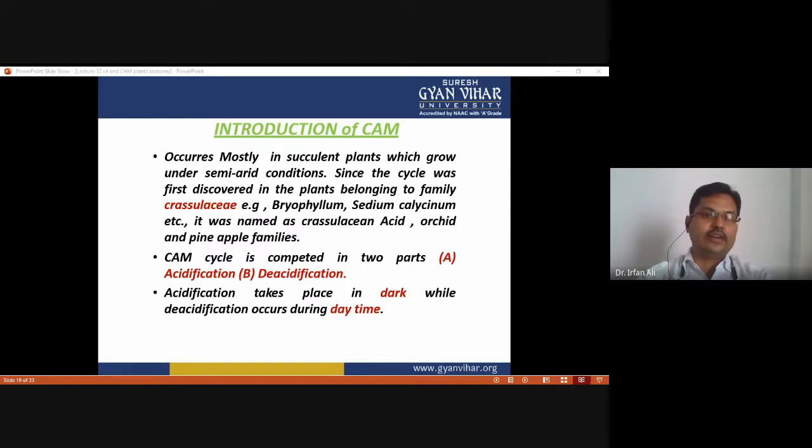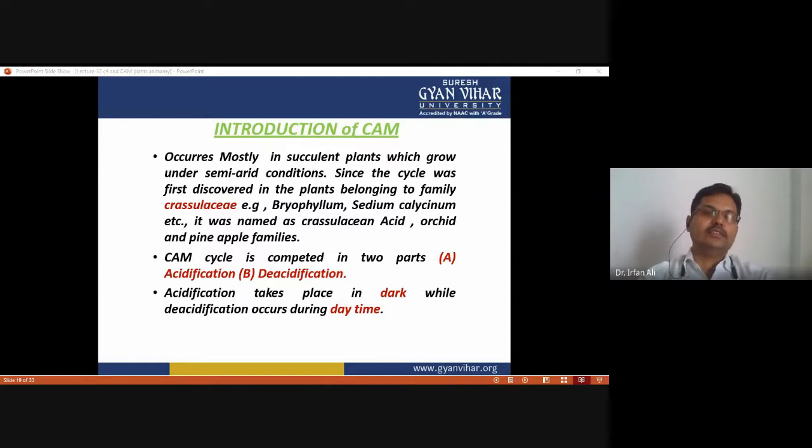These plants grow under semi-arid conditions. The cycle was first discovered in plants belonging to the family Crassulaceae, and that's why the name of this cycle is crassulacean acid metabolism.